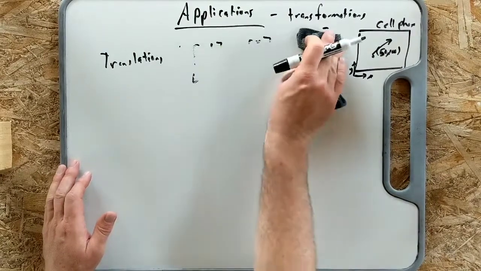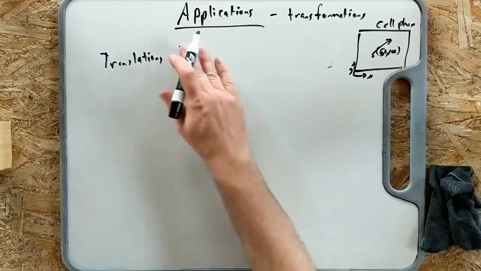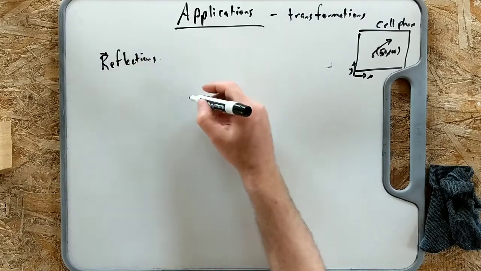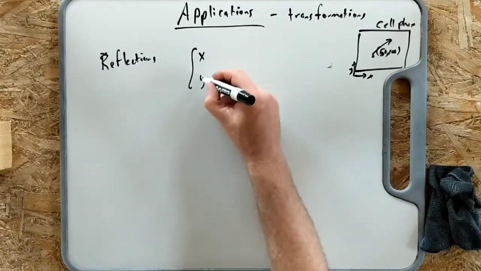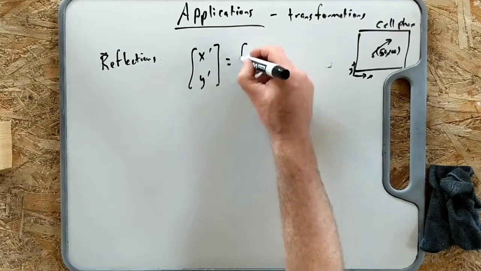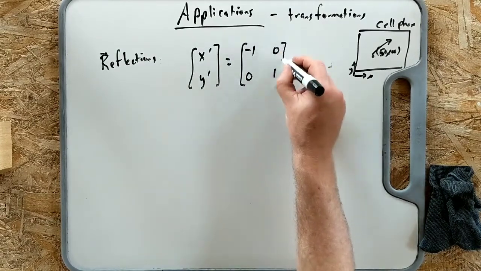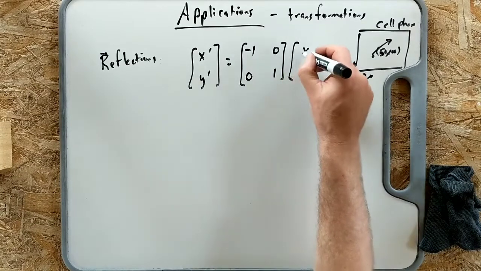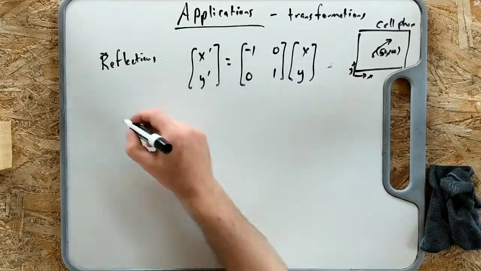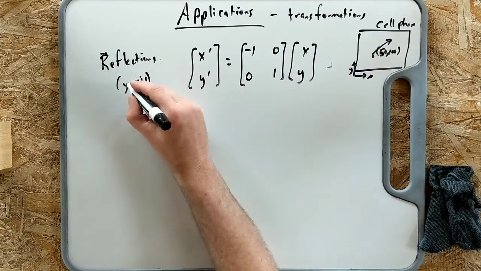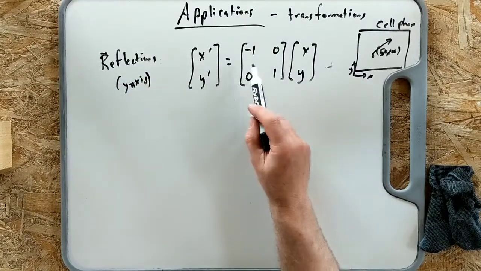Okay, now we're going to do reflections. I'm going to use that same picture over there. So reflections, again trying to find a new point, using the matrix -1, 0, 0, 1 times X, Y. This is reflected across the Y-axis, and you do a matrix multiplication.